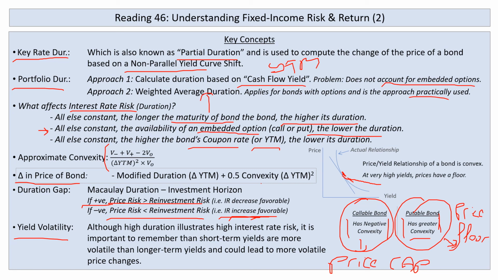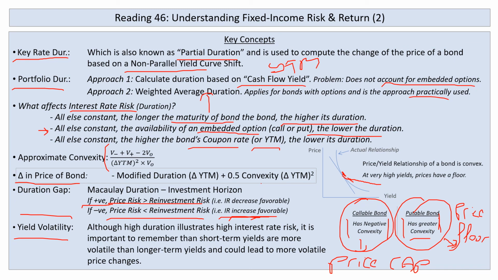Why would any investor then even think of buying a very long-term bond? Well, what you have to know is that although modified duration and duration by itself is a measure of sensitivity, yields on long-term bonds are very stable.